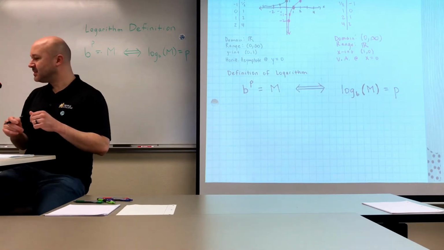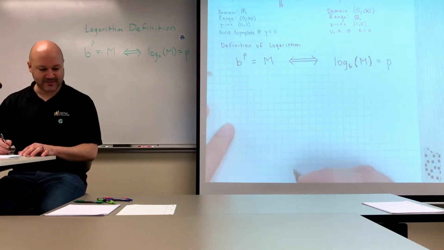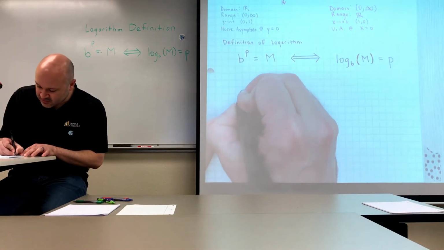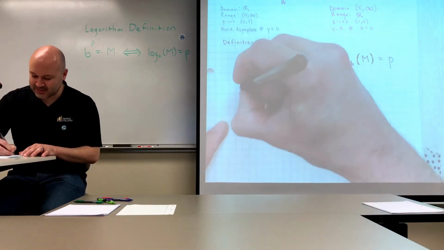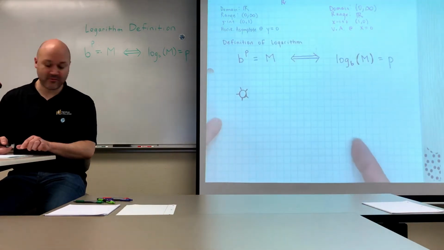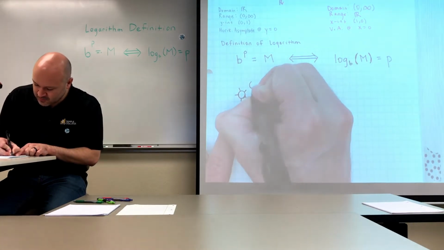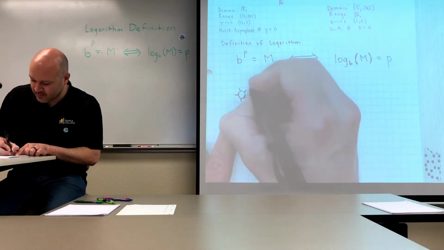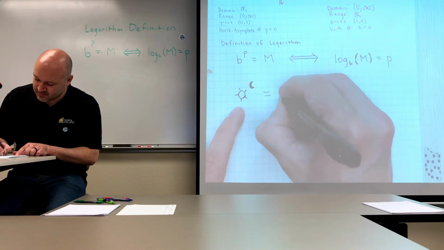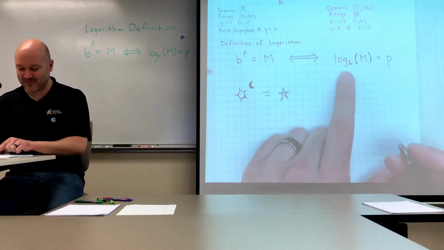Cool. Let's see if we can just do one crazy, silly example real quick. If I have a circle, in fact, let's make it a sun, so it's obviously not a 0. I raise the sun to a moon, crescent moon, and that's equal to a star. I want to rewrite these symbols in logarithmic form.